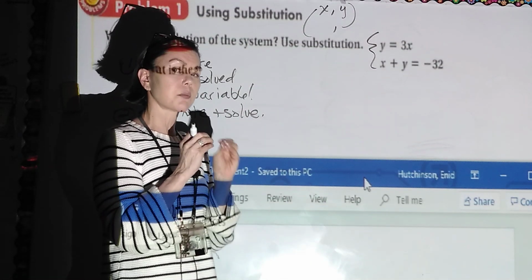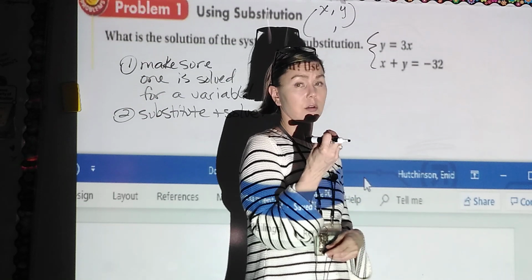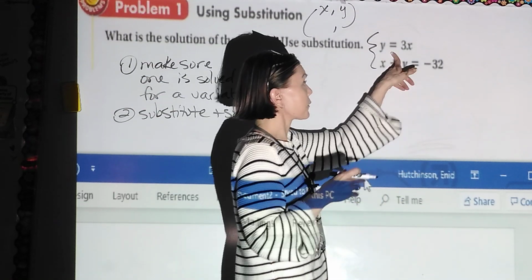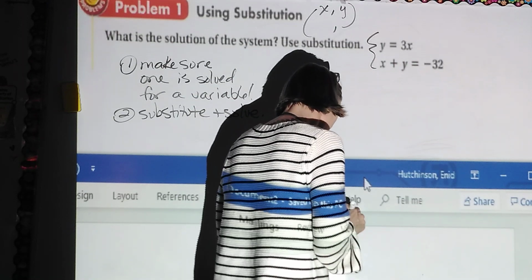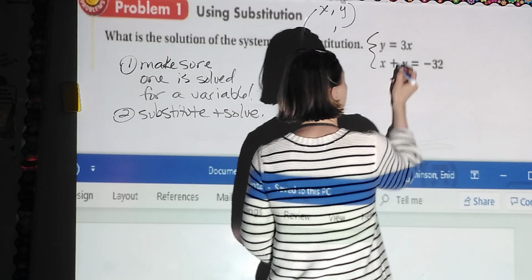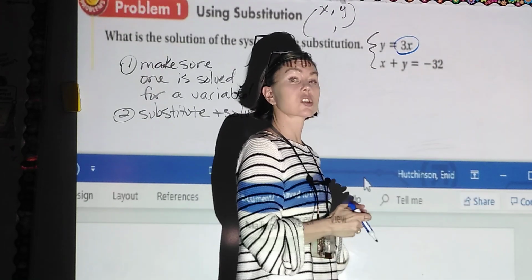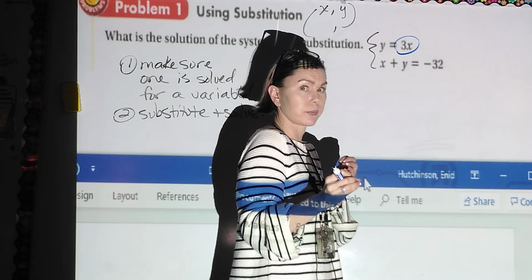So very, very simple. And I would like you to do exactly what I'm doing on the board in your notes, okay? Since the first equation is solved for y, you are going to circle what y is equal to. Let's do it together. Circle what y is equal to. This is how we substitute.